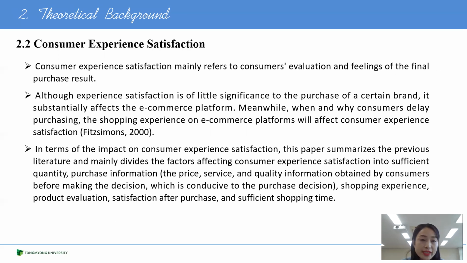The second related theory is consumer experience satisfaction. Consumer experience satisfaction merely refers to consumer evaluation and feelings of the final purchase result.